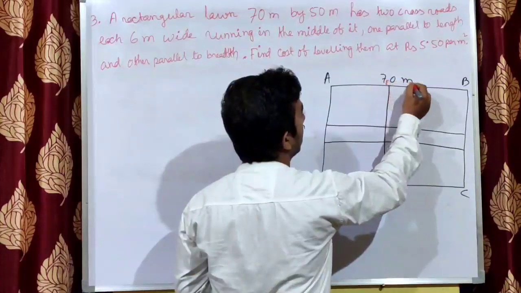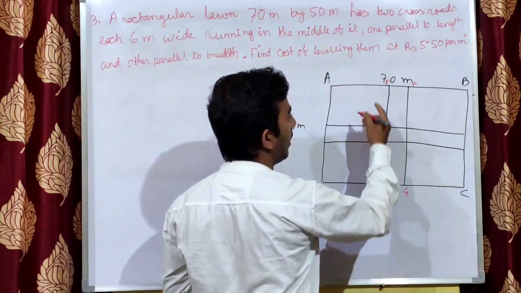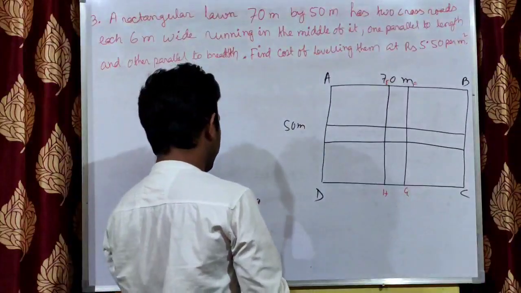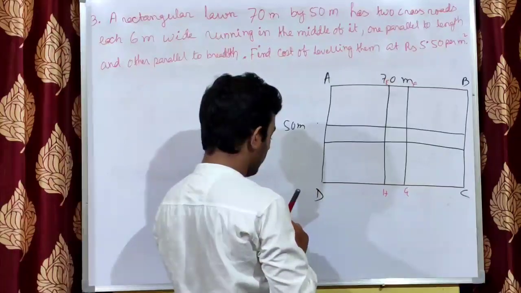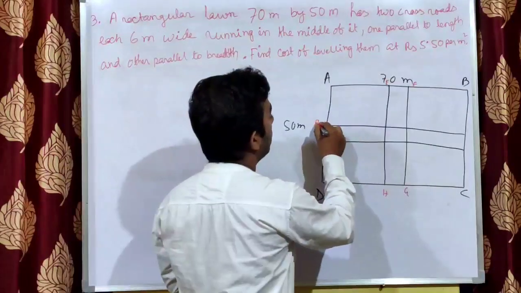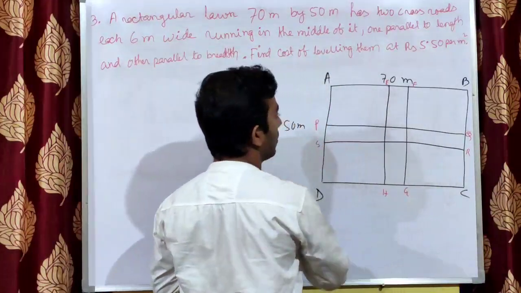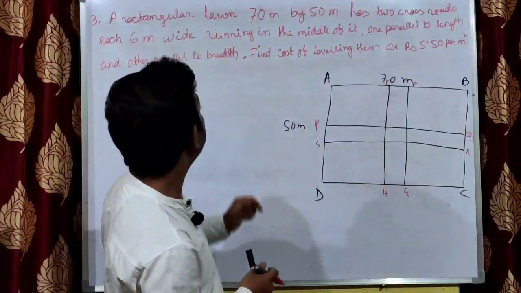The name of this road is E, F, G, H, and the name of this is, suppose, P, Q, R, S.